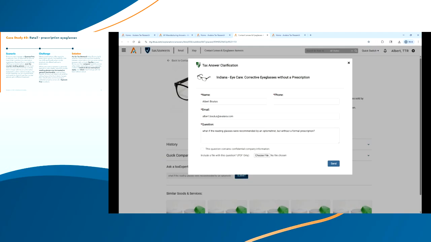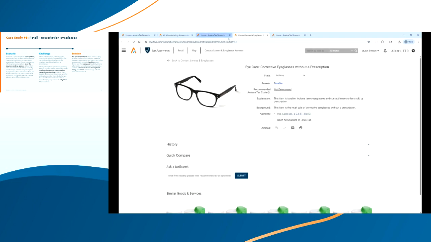Maybe we think our facts are just a little bit different than a typical scenario where you'd be buying corrective eyeglasses without a prescription. And we can send that question to one of our tax professionals. They reply to all those questions within 48 hours, and the majority of them are actually answered within an hour. So you have access to that if you still want to double check, or if you're not able to find what you're looking for pretty quickly. We don't want you to spin your wheels. We want you to get to the answer very quickly.